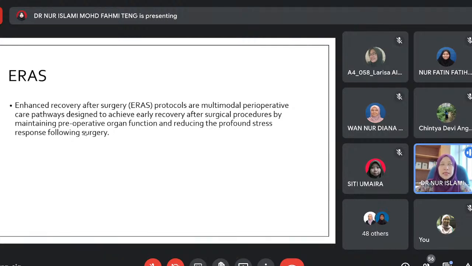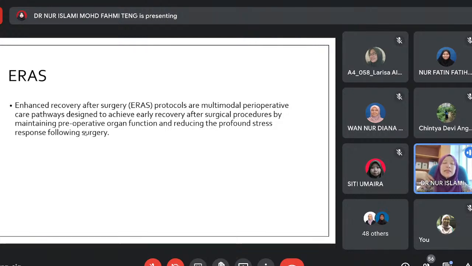So sebenarnya ERAS ni dia ditubuhkan oleh surgeon lah, surgeon dekat western countries ada, based on the principle that actions undertaken to modulate the post-operative stress can improve the recovery after surgery. So bila kita implement ERAS ni, studies shown that early mobilization, early reintroduction of nutrition, and rapid discharge are feasible and beneficial for a large number of post-operative patients.